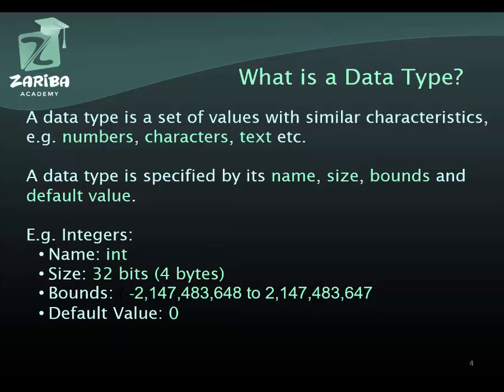Why do we need data types? Well, data types, and especially these primitive ones that we'll be doing today, numbers, characters, text, and so on, are used to model the world around us. So say that if I want to make a dog, I am going to need some way to describe it. Say if I have a dog or a bunny in a game, I would need a way to describe it somehow.